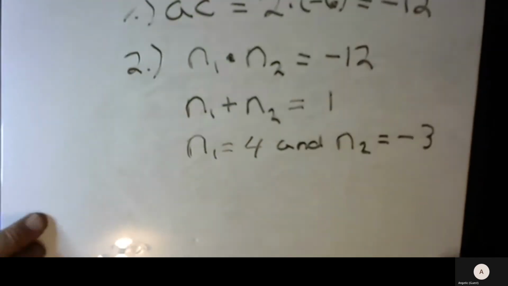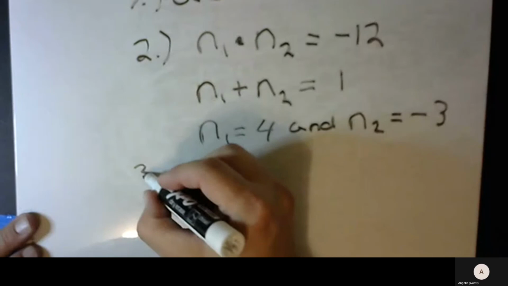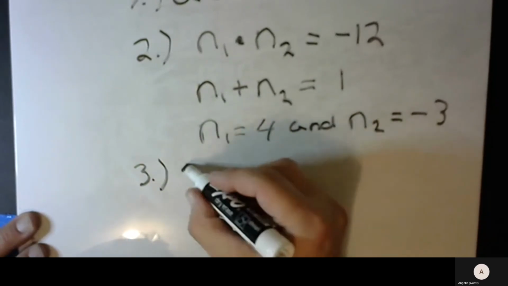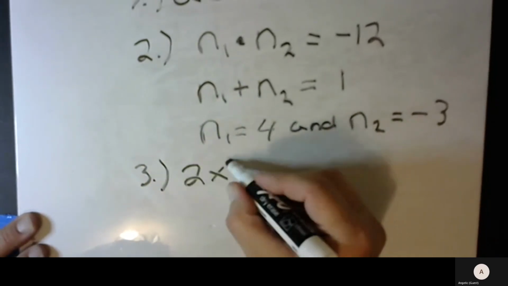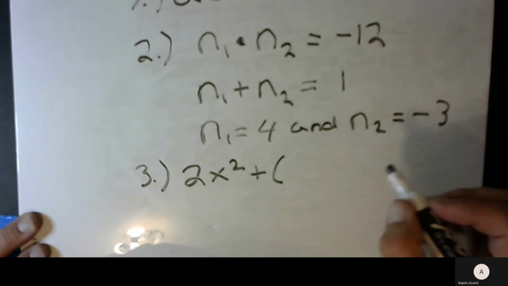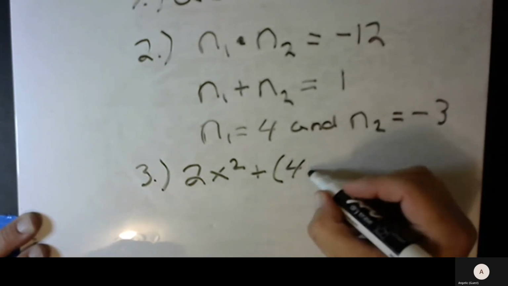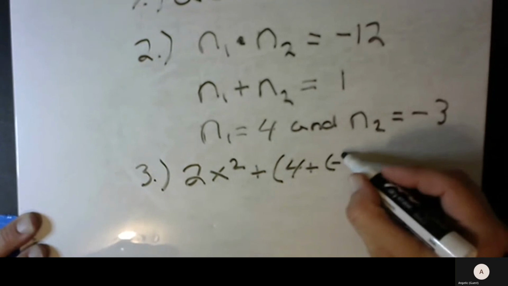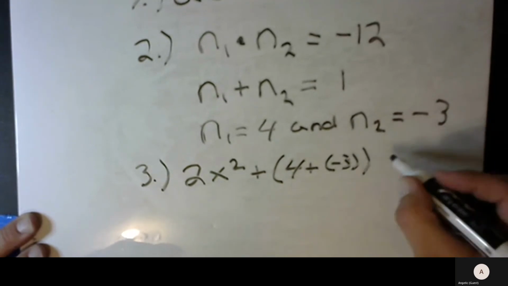Now our third step is we're going to rewrite this equation as 2x squared. And now that 1 that's in front of the x, we rewrite that as 4 plus negative 3.